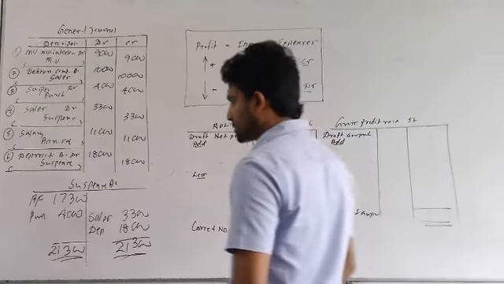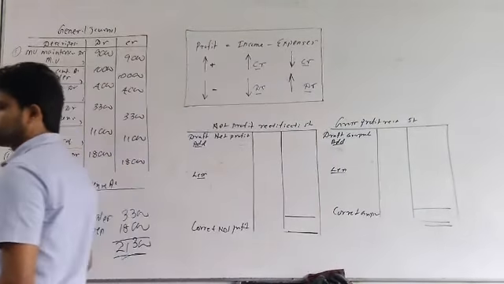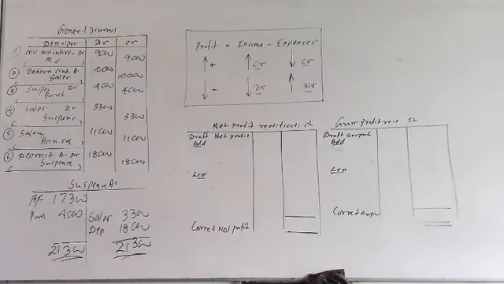To rectify the gross profit, only the income and expenses that affect the trading account should be adjusted.